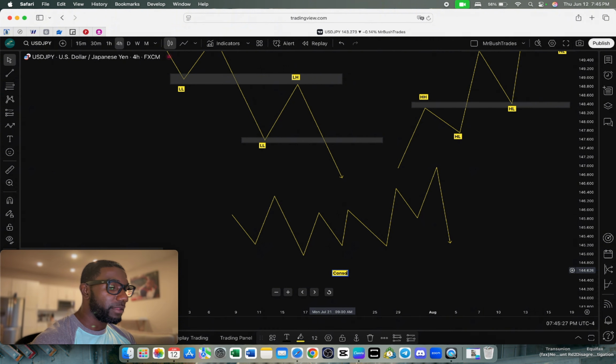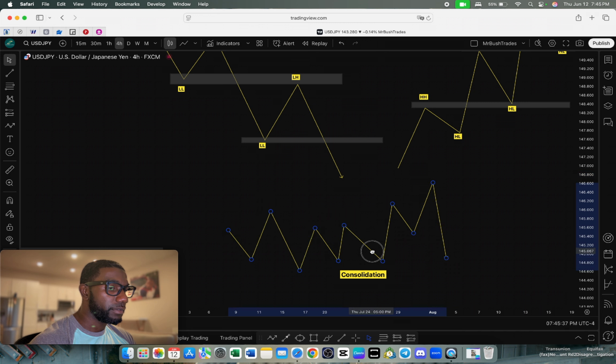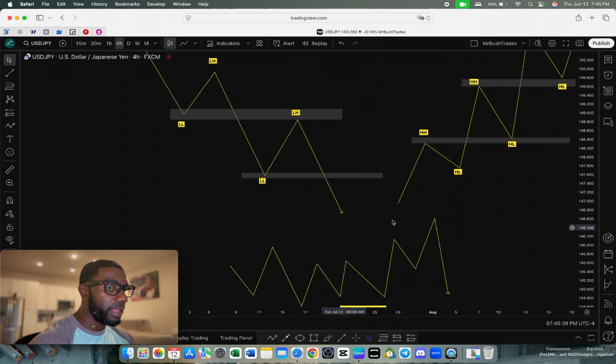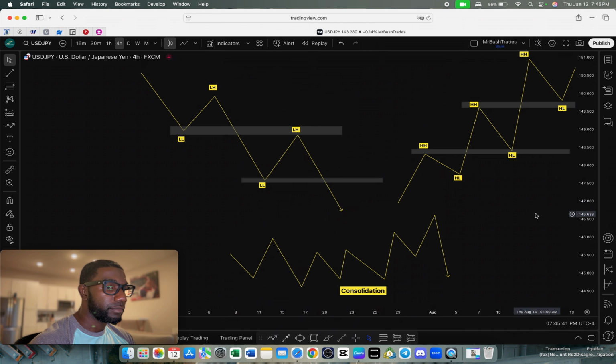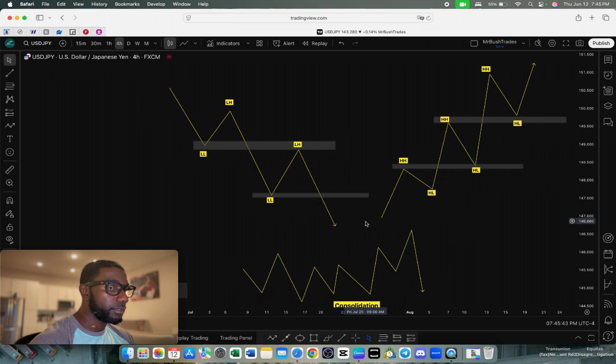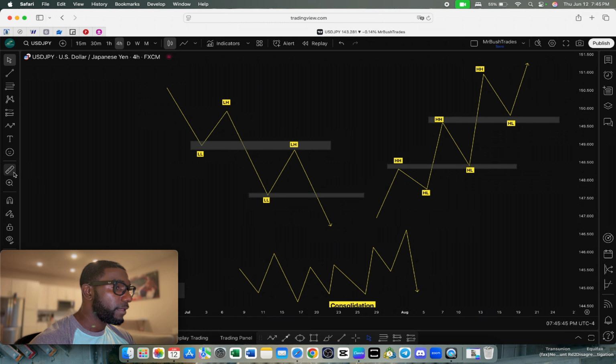Let's just name it consolidation. Let's make this a little bigger. So we have consolidation. Then we have downtrend. Then we have uptrend.